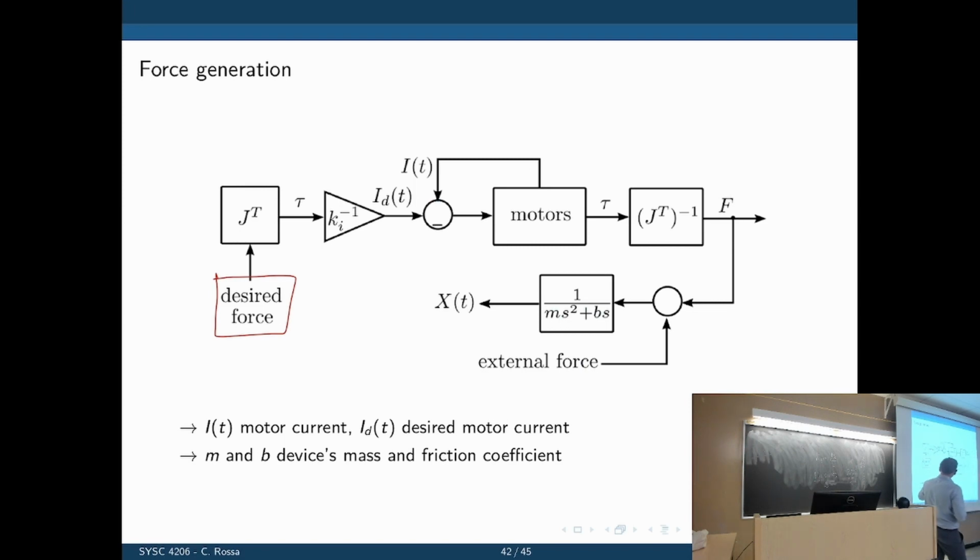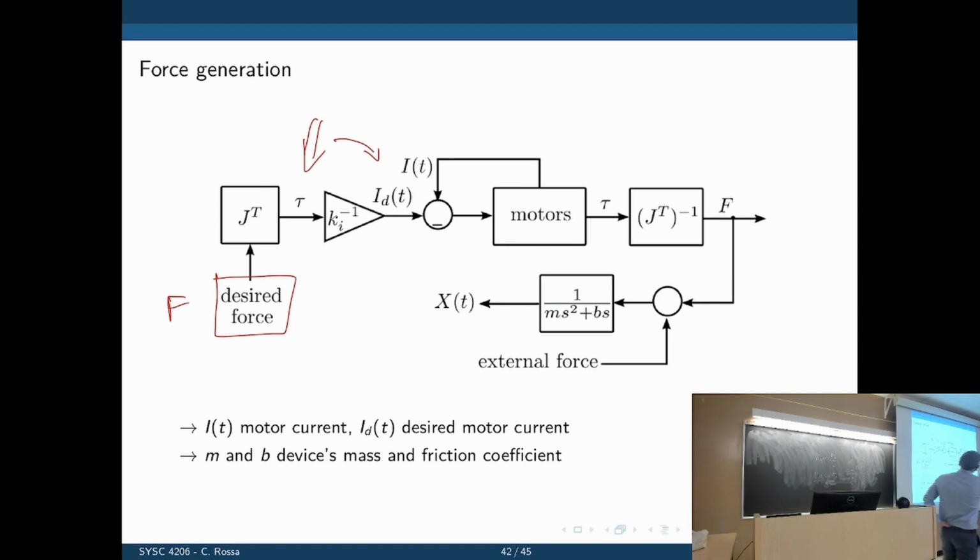That force is a three-dimensional force. It goes through the Jacobian of the haptic device. The output is the torques applied to each individual joint. We convert the torque into the current required to produce those torques for each individual joint.